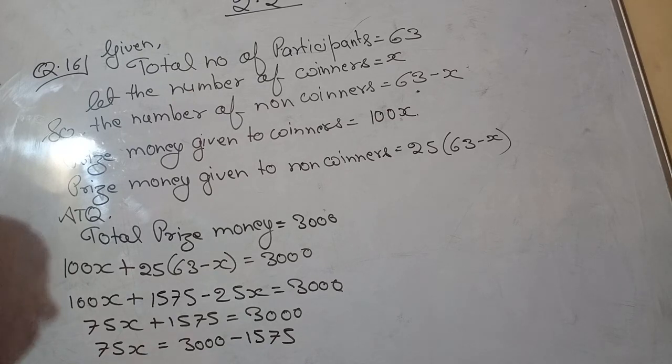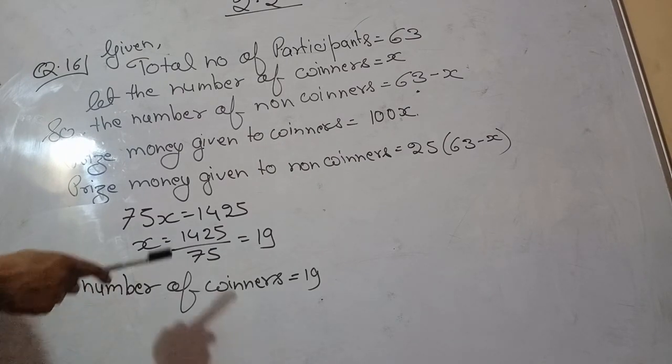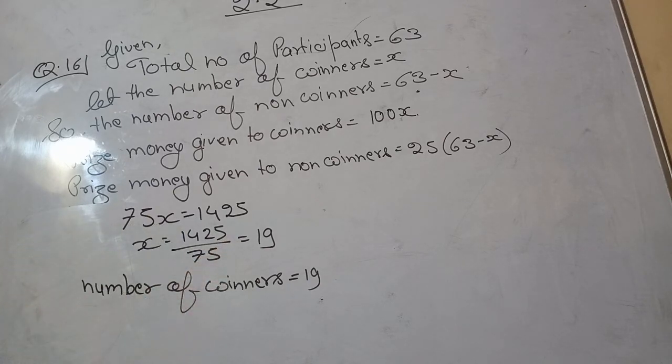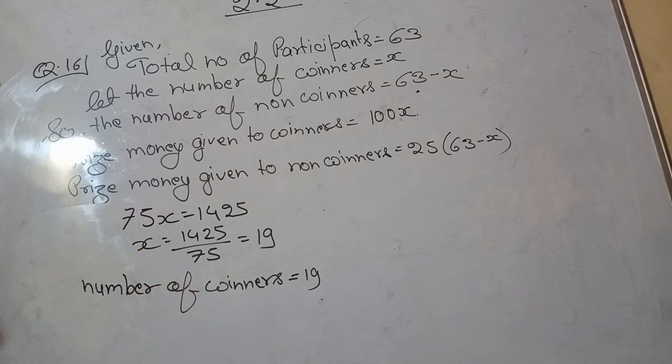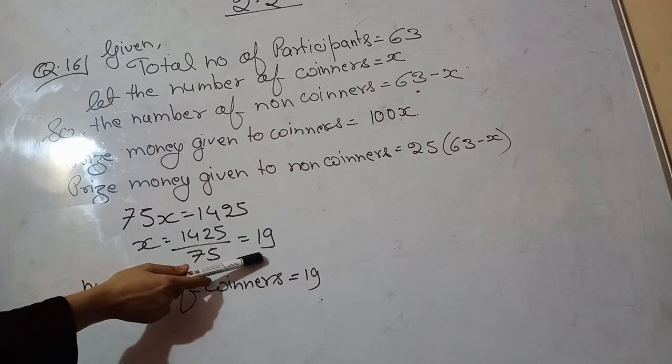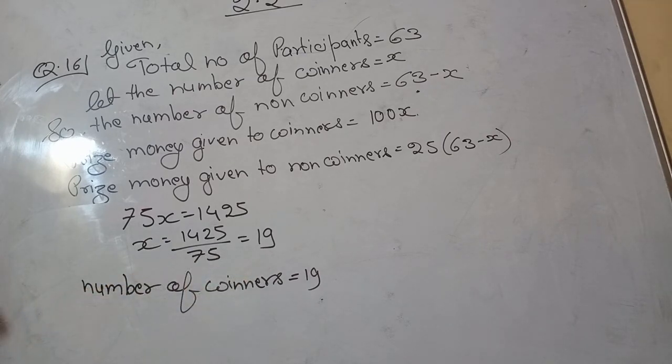So 75x is equal to 3000 minus 1575, so 75x is equal to 1425. When I transpose 75 to the RHS, it will go in divide. So 1425 divided by 75 cancels out 19 times. So x is equal to 19. x we have assumed as the total number of winners. So the total number of winners is 19.